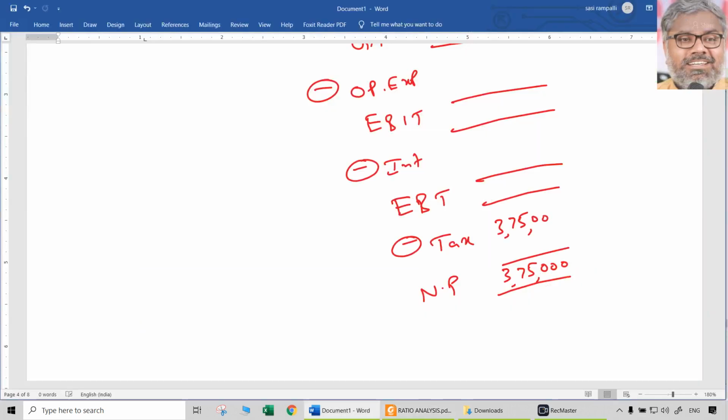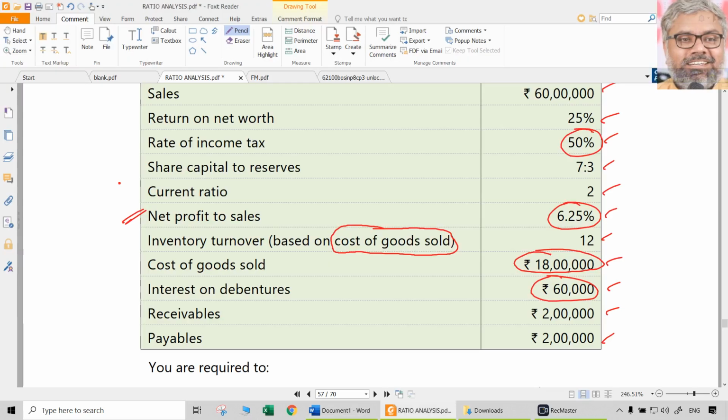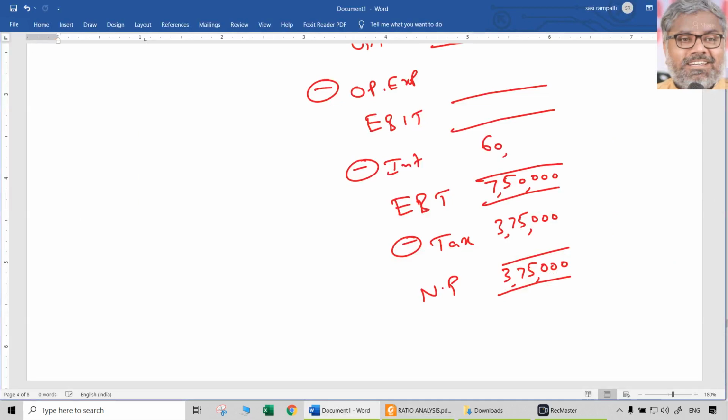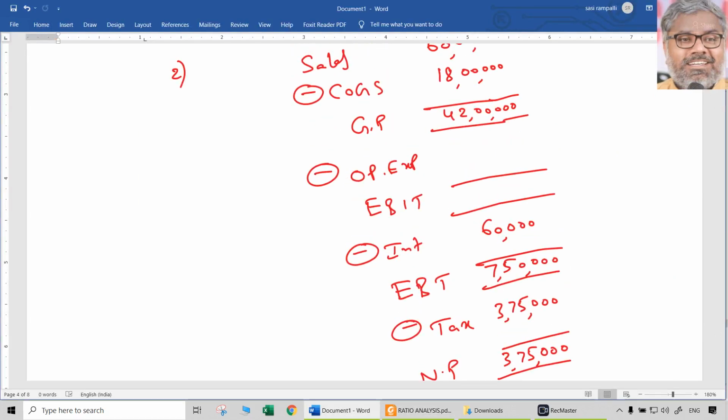So how much would be tax? Naturally same amount. 50% tax means EBT should be 750. Then only half of that is tax, half of that is net profit. So 375,000 multiplied with 2, that is 7,50,000 is earnings before tax. Interest how much? That is also given 60,000. That means automatically how much will be the EBIT? 750 plus 60, that is 8 lakhs 10,000.